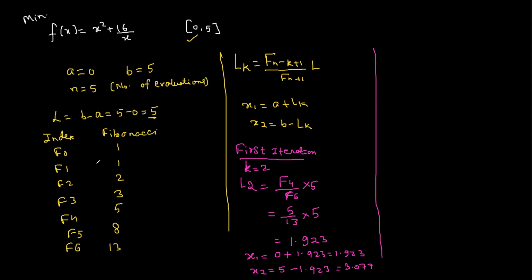Okay. Now we calculate the function value. What is the function value? So f(x1) will be, put 1.923, and when you put this you will get a value. Then put x2.